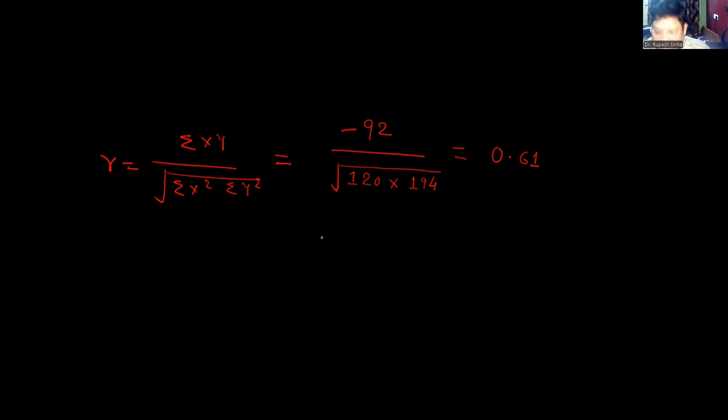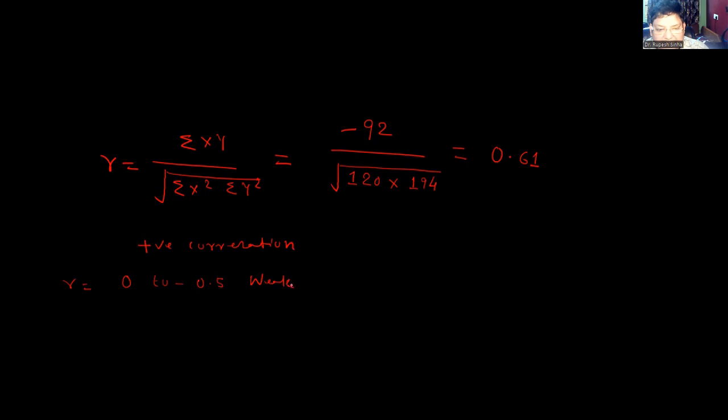First, there is a positive sign, so it is positive correlation. That's for sure. This is positive correlation, right? Now, next what? What I told, if the value of R is 0 to 0.5, it is what?